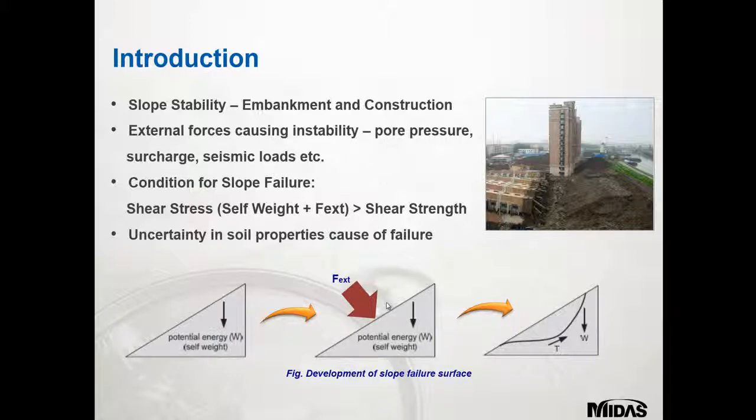A slope fails when induced shear stress due to these external loads exceeds the shear strength of the material itself. Choosing accurate material strength parameters is a very important factor which could determine stability of an engineered slope or any reinforcement requirements.